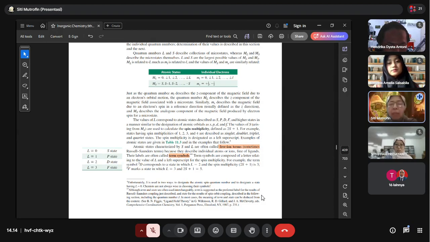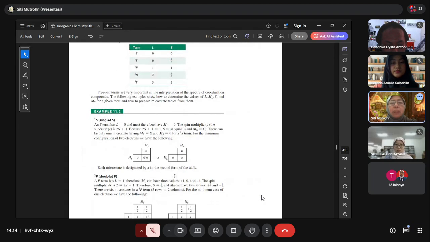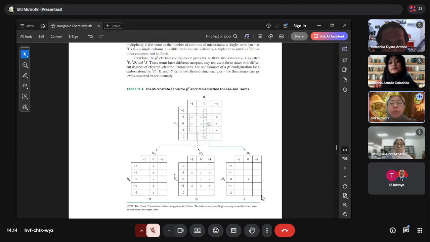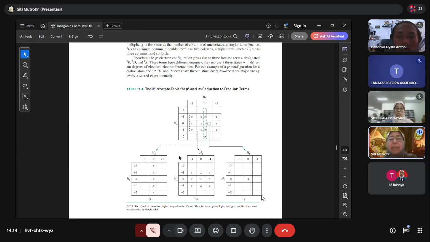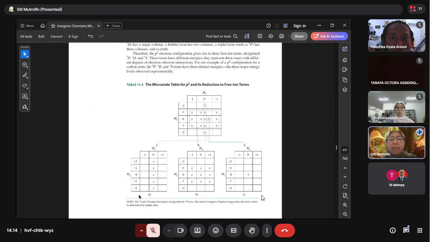Now let's go to the next explanations in the book. For the 2 electrons occupying the 2p orbital of carbon, by reducing the microstates in table 11.2, we can know that there are 3 free ion terms for the 2 electrons in the 2p carbon orbital.